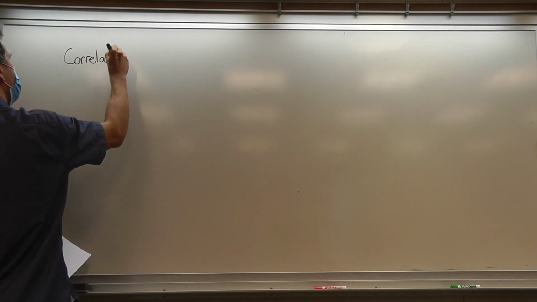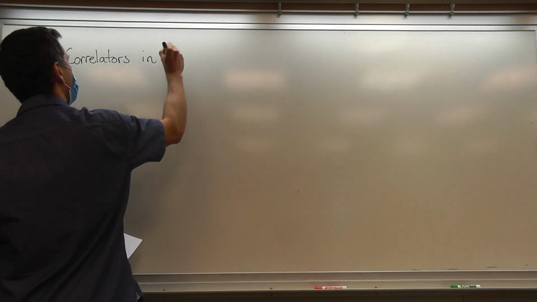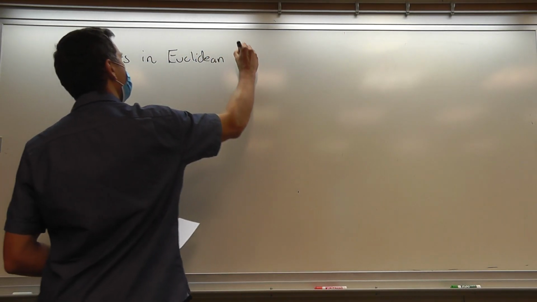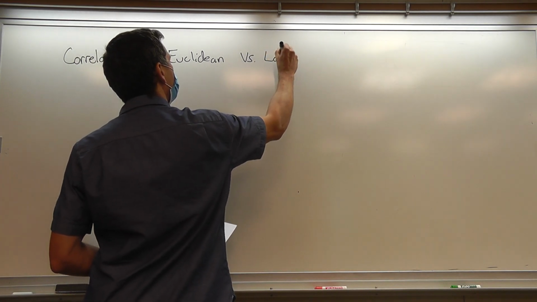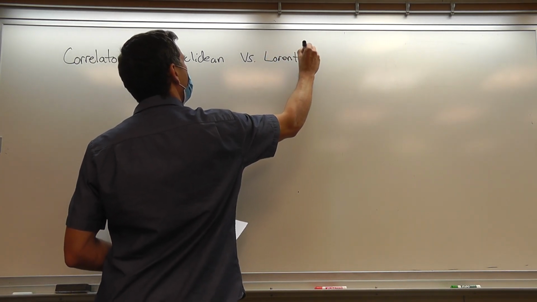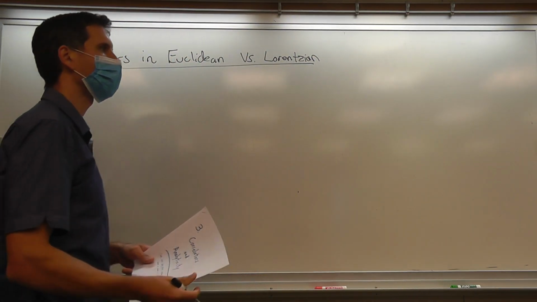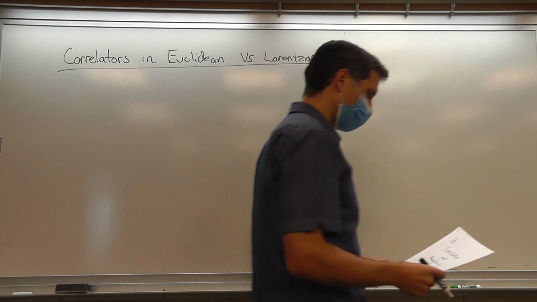So the next topic that I want to discuss. I guess another question could be, how do you specify that ordering of path integral? Yeah, good. That's part of the topic that I want to discuss now.